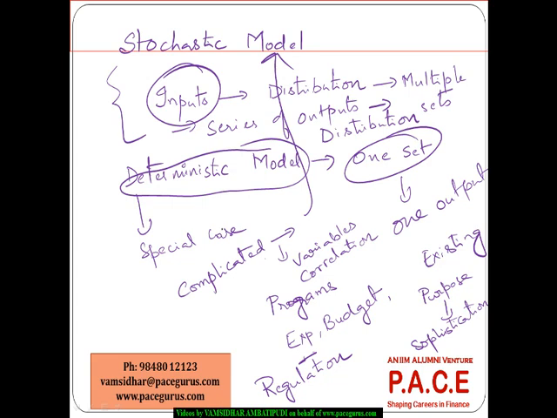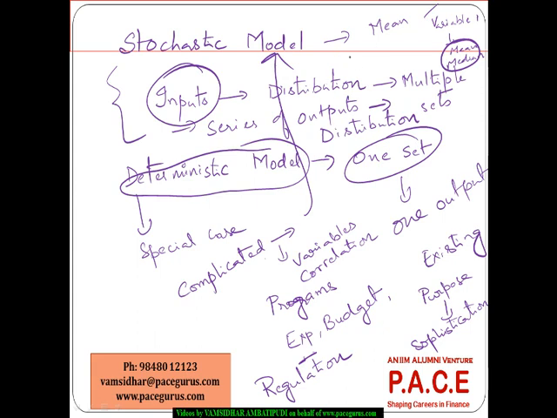And even if we use a stochastic model, as we said, the deterministic is a special case of the stochastic. So sometimes what people do is they build a stochastic model and take the mean of all the various inputs. Instead of a distribution for variable 1, they take the mean or the median of that distribution, and provide one single value for variable 1, variable 2, variable 10, and the correlations between each of the variables.